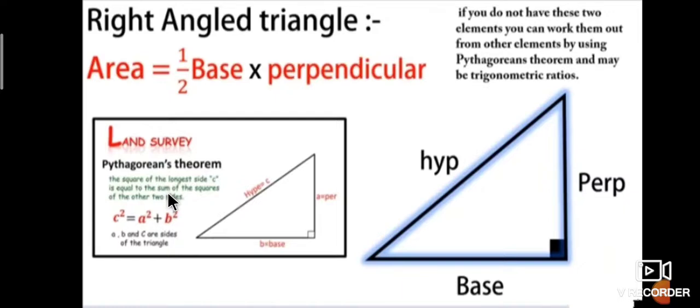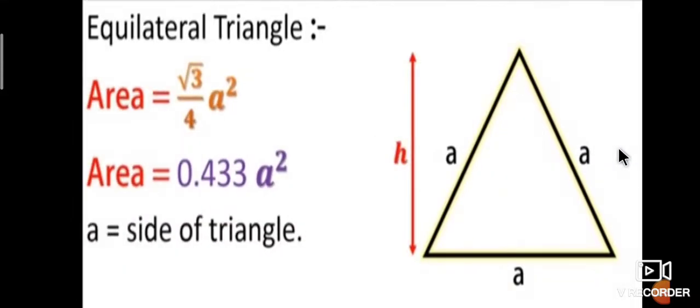Here the side opposite to the right angle is called the hypotenuse and the other two sides are called adjacent sides. This is called Pythagoras theorem. First, you learned the Pythagoras theorem, students.